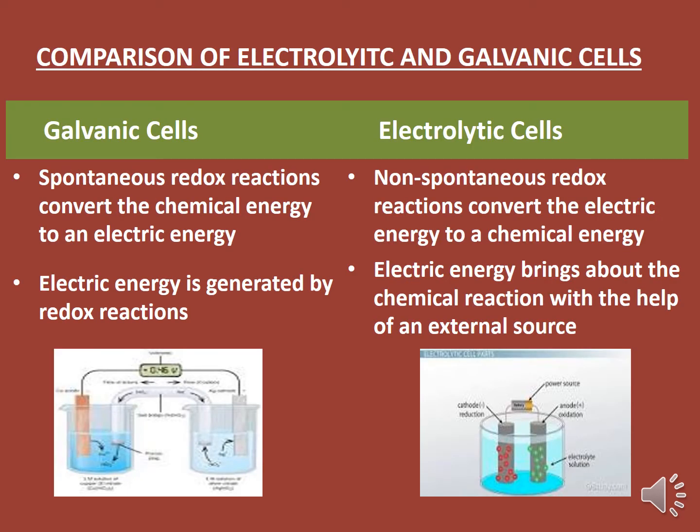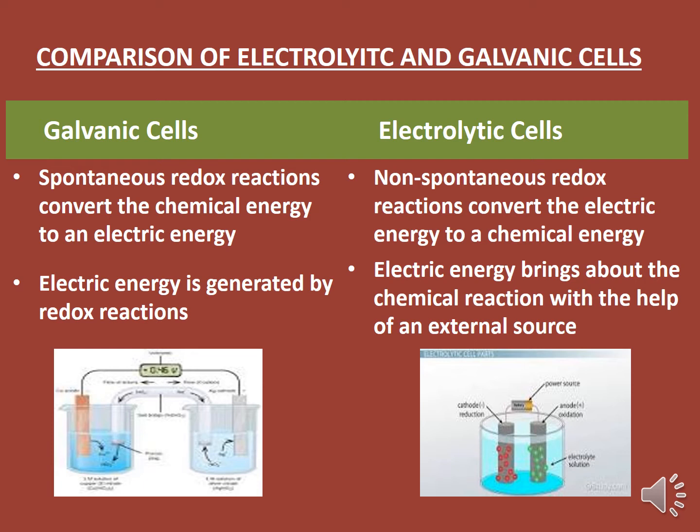Here we are going to compare the electrolytic and galvanic cells. In galvanic cells, spontaneous redox reactions convert chemical energy to electrical energy. And in electrolytic cells, non-spontaneous redox reactions convert electric energy to chemical energy.